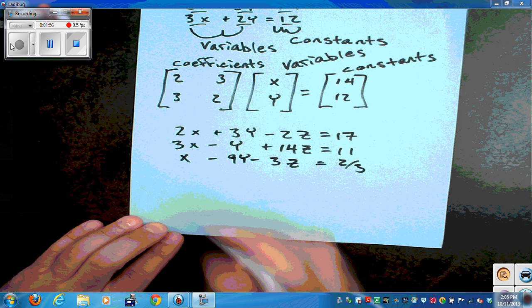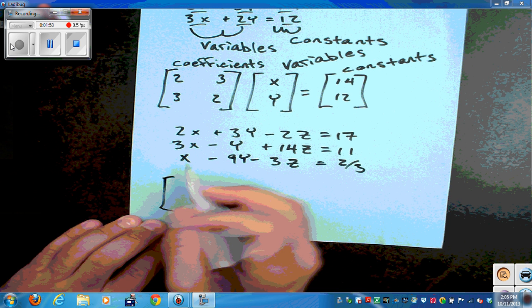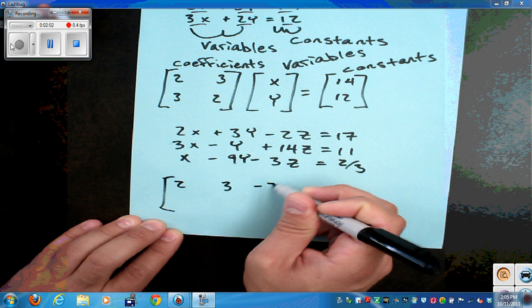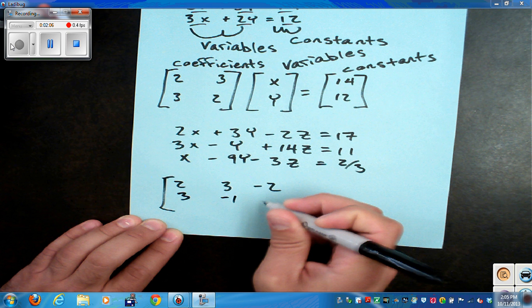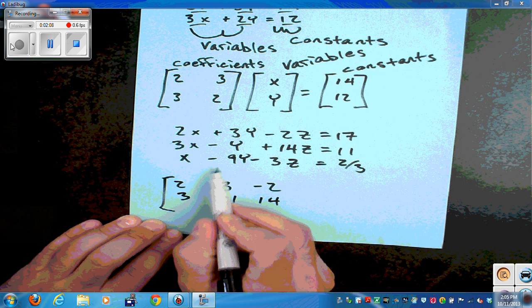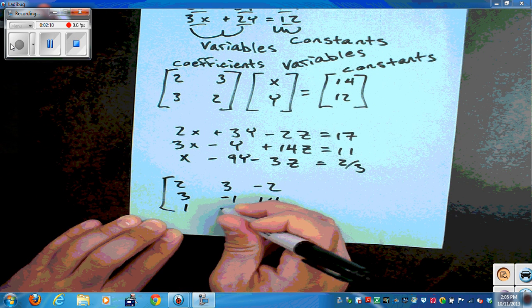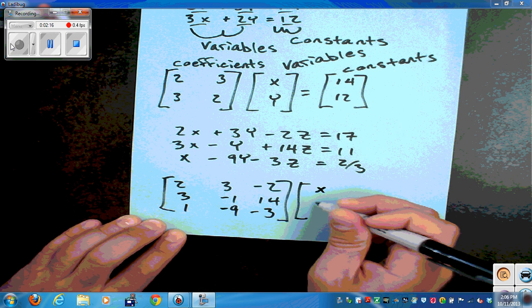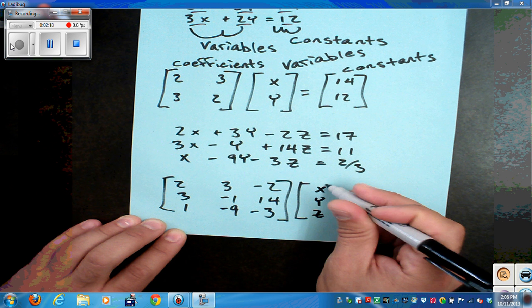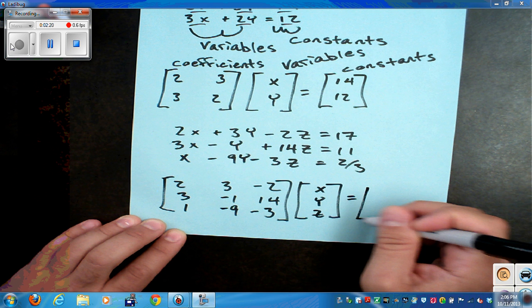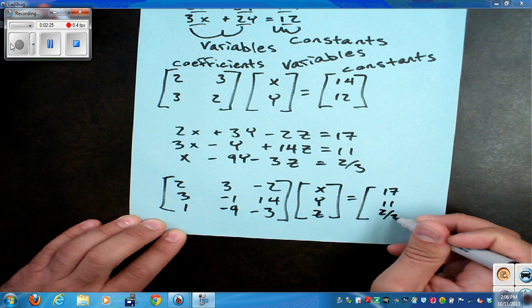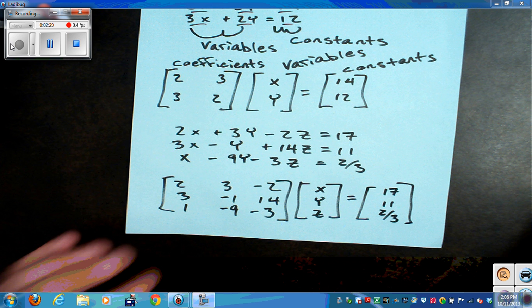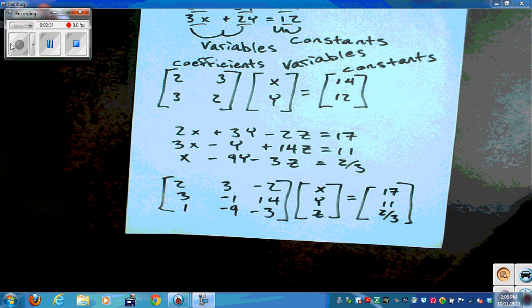So I'm going to have the coefficients right here, 2, 3, -2, 3, -1, 14, 1, -9, -3. And then my variables, which in this case are going to be x, y, and z, equals my constants, which are 17, 11, and 2/3. So fairly simple to do.